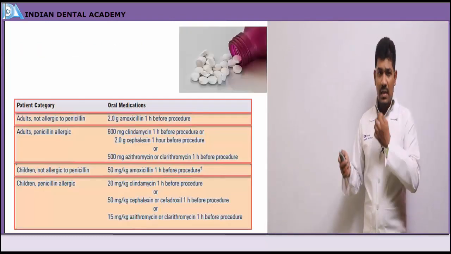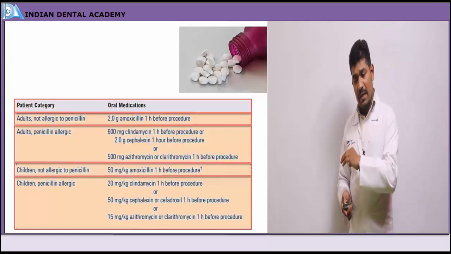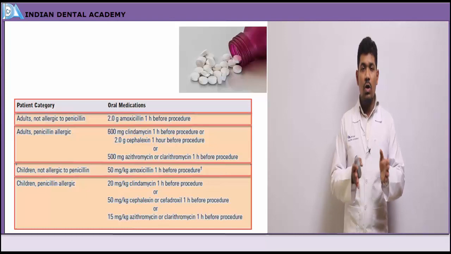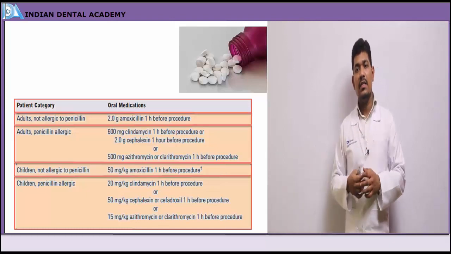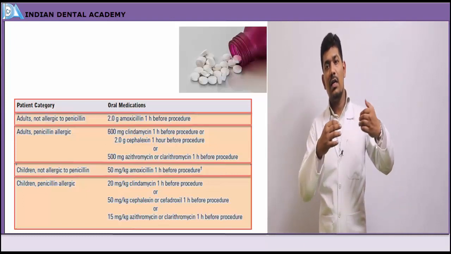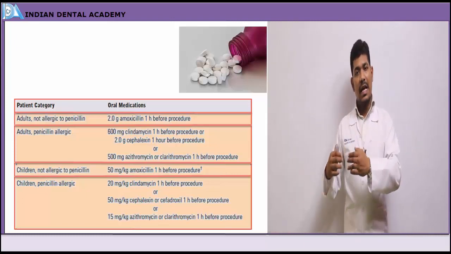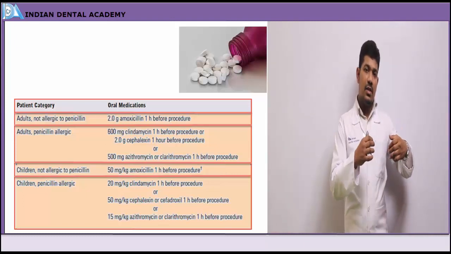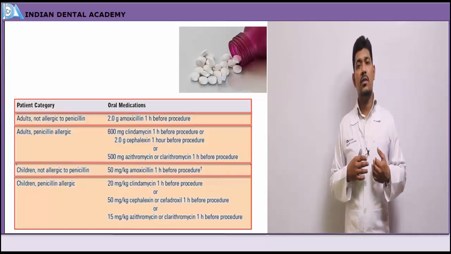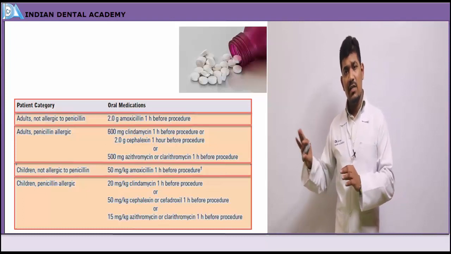If you see the AHA guidelines, they are divided into oral medications and systemic medication. Oral and systemic medication are both further divided for adults and children. And in adults and children, again, it is subdivided as allergic to penicillin or not allergic to penicillin. It is very easy to remember.